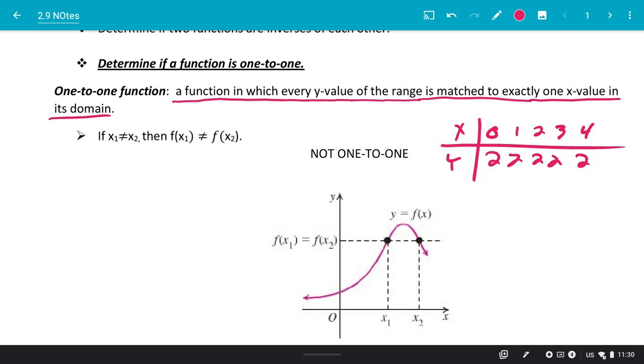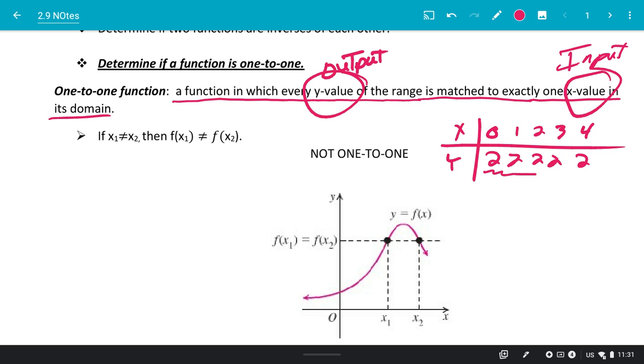Not that every input has one output, but rather that every output also has one input. In other words, these outputs can no longer be repeated either.